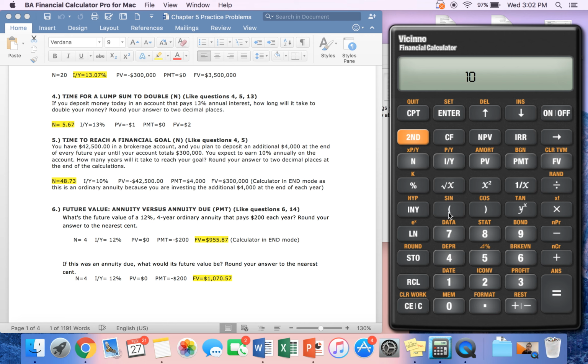So you would go ahead and plug this into your calculator. So we'd plug in 10 for our I/Y. Today we currently have $42,000. We're going to go ahead and deposit $4,000 into our account. And so if we calculate that, oops, put my negative in the wrong spot there.